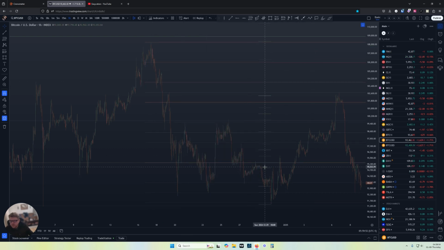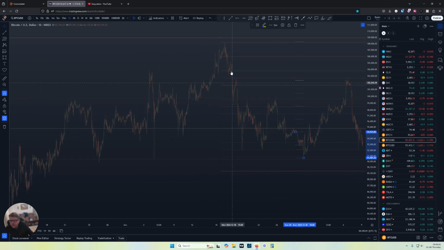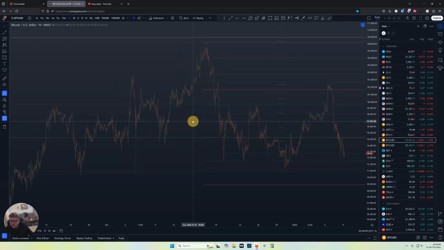And so this long position down here facilitated a pullback into a short position that was up here from this recent high. This is something that I've been watching, and I actually didn't trade this long because I was expecting this short to be played out.